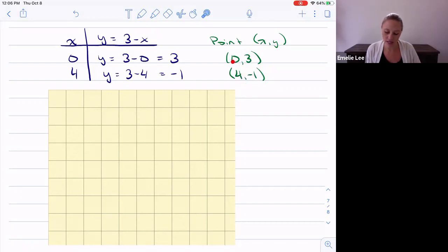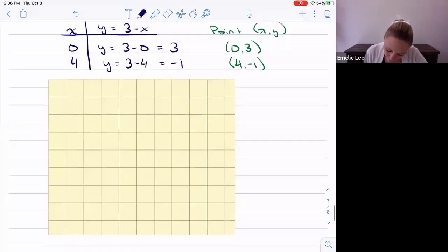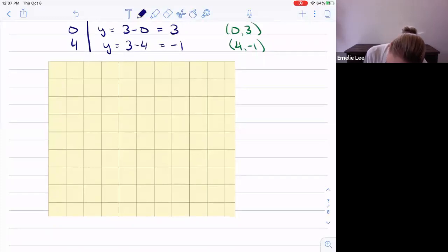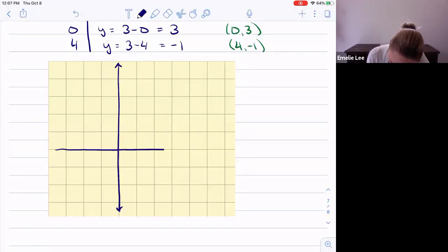If my x is 0, y is 3, so on the x-axis I need to have from 0, and it also has to include 4. And then my y is from 3 to negative 1. So maybe putting it here. Sometimes you have to be more strategic than others on where you put your axes.